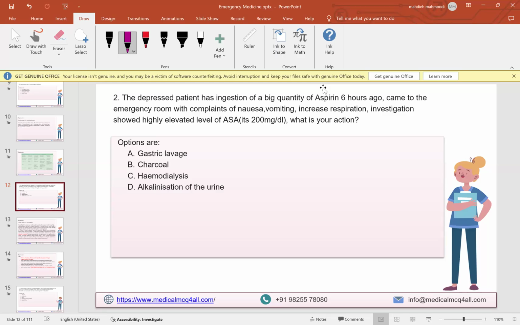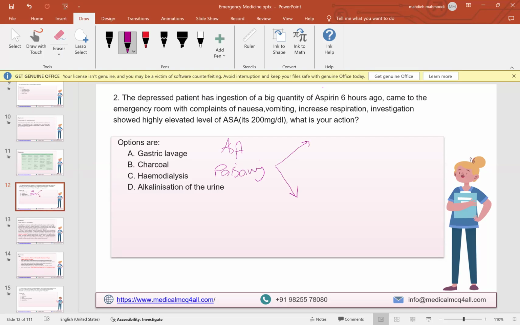Okay, let's talk about aspirin poisoning. In all poisonings, not just aspirin poisoning, you have two steps.